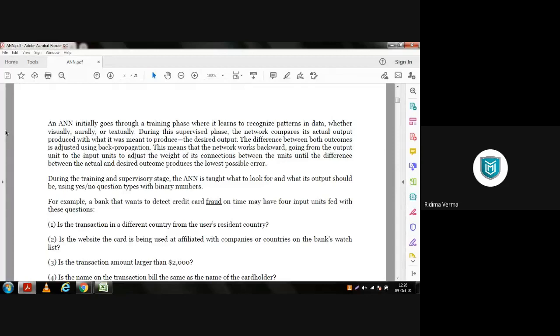So an ANN initially goes through a training phase where it learns to recognize patterns in data, whether visually, orally, or textually. During this supervised phase, the network compares its actual output produced with what it was meant to produce, the desired output.